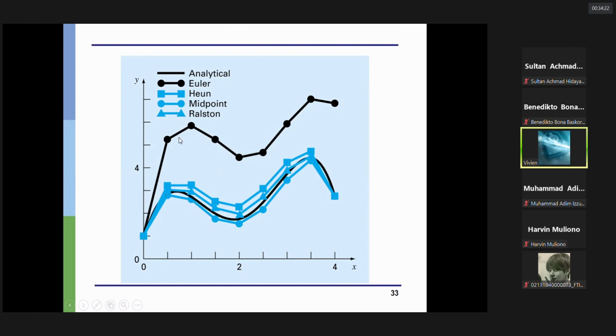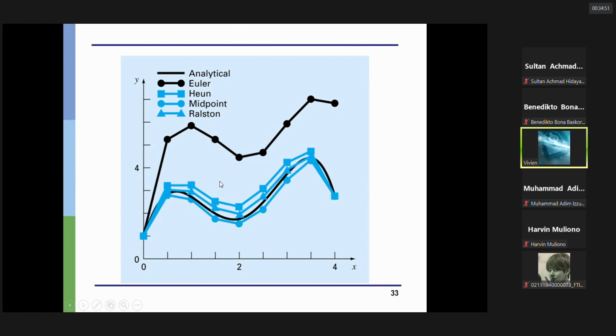This is the solution for Euler's method, and we see that the error is quite large using an interval size h of 0.5. Now with the same interval size, we apply Heun's method, shown with the square symbol. The midpoint method will be the circle symbol here, and Ralston will be the triangle symbol here.